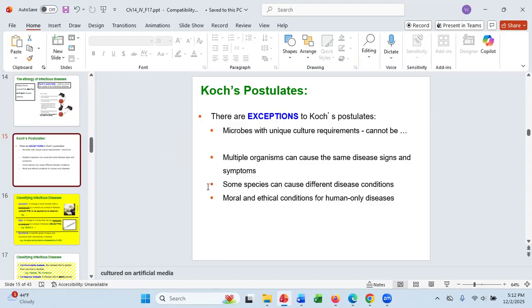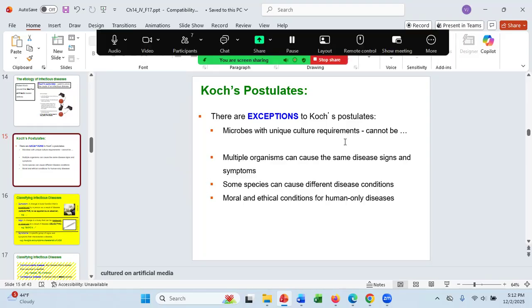And they could not, for over 100 years, figure out what they needed to supply to get it to grow. Recently, within the last 10 years, they finally figured out what you need to add to the media to get it to grow. But for 100 years, they were not able to get this organism to grow. And yet people did know that Treponema pallidum did cause syphilis.